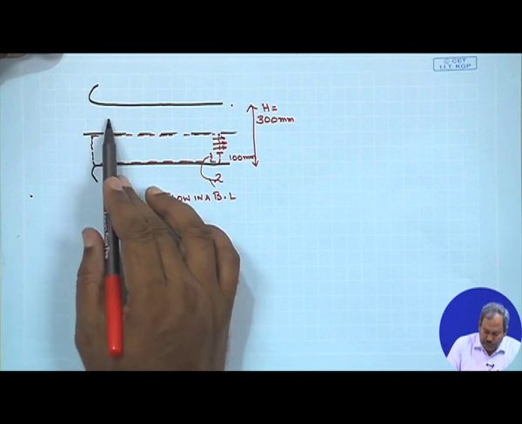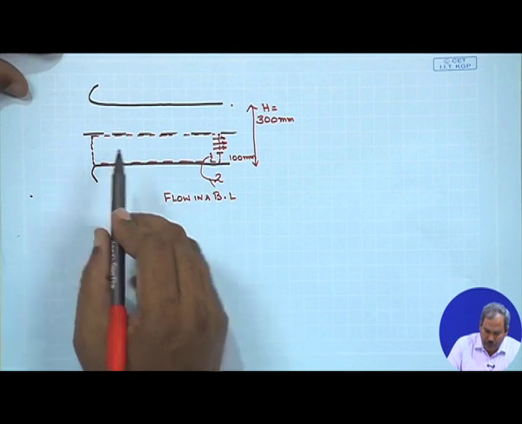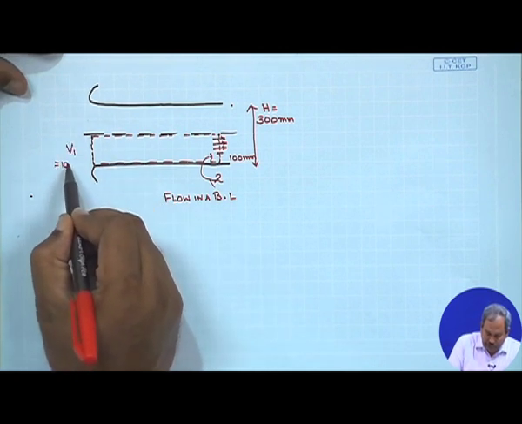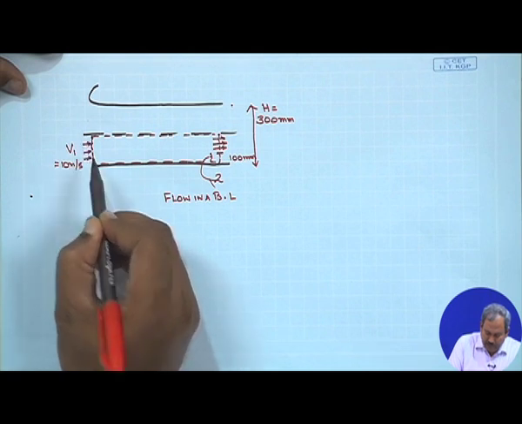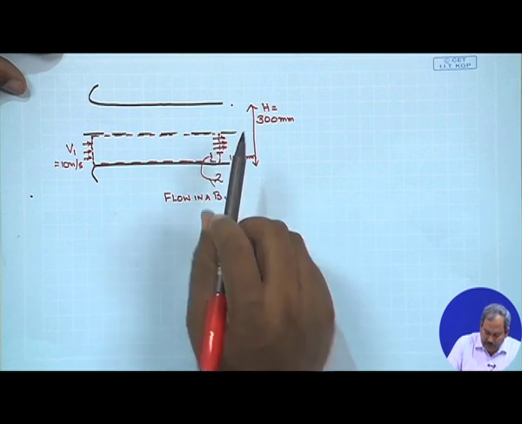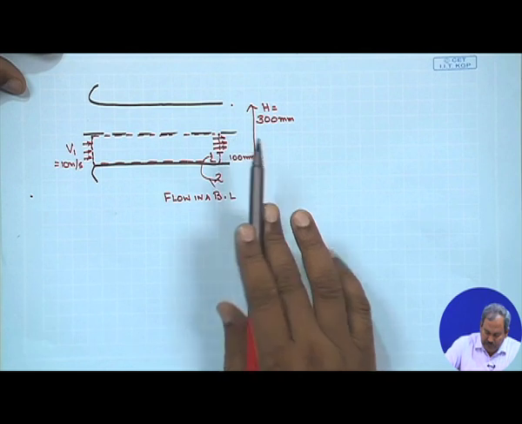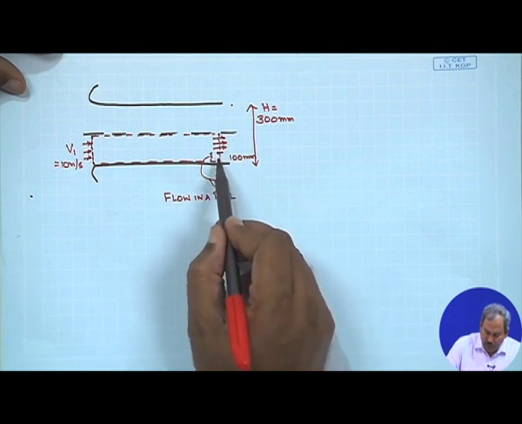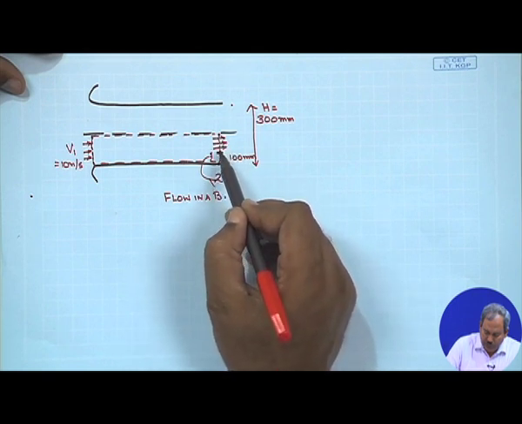So, since we have symmetry in the top half and in the bottom half, I have the average velocity equal to 10 meters per second, which enters here carrying some momentum with it, and the fluid which leaves can be thought of as consisting of two parts, one which is the flow inside the boundary layer, the other is the flow outside of the boundary layer.